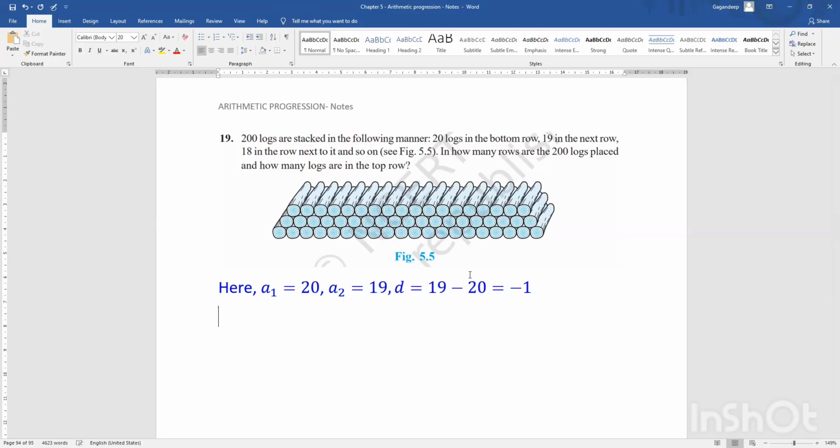And then Sn, that is the total logs. 200 logs are there, right? So I take Sn equal to 200. And then n is equal to question mark.